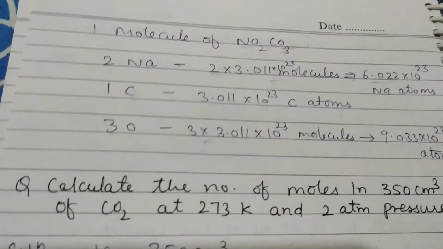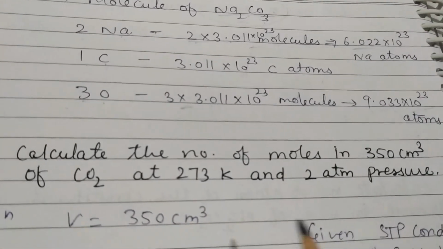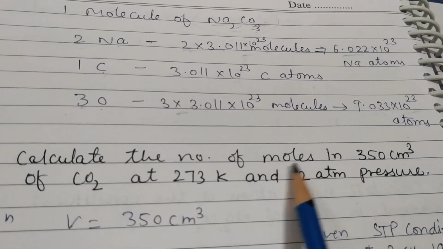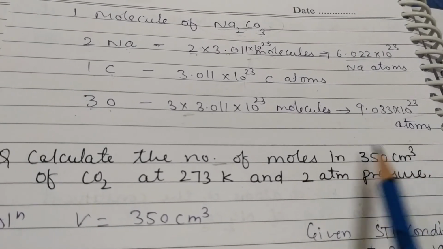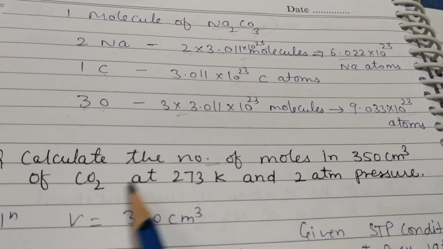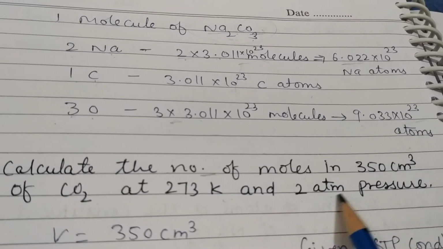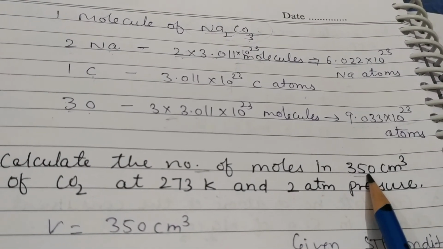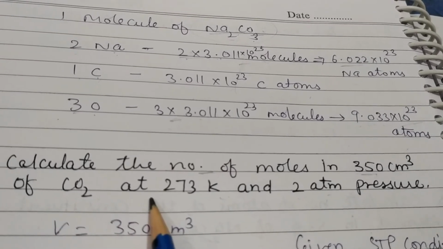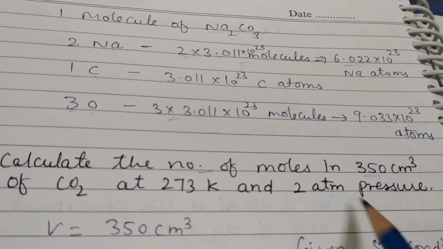to another numerical. See, calculate the number of moles in 350 centimeter cube of CO2 at 273 Kelvin and 2 atmospheric pressure. See, volume is also given to us, but STP conditions are required for gases.